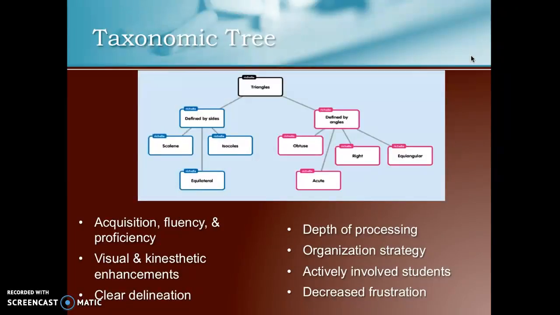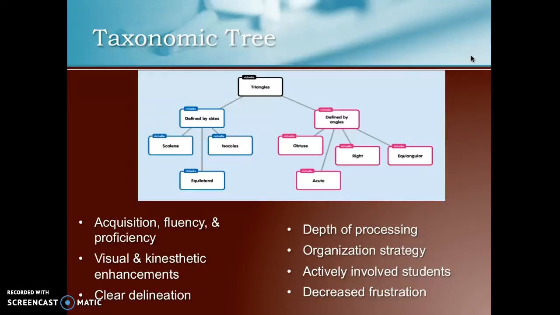basically the taxonomic tree is a great visual tool, and it clearly situates the concept within the context. So it's a very clear graphic organizer that helps students with acquisition, fluency, and proficiency of language.